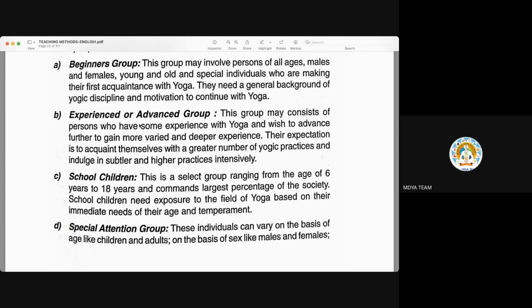All those age groups come under this practitioner group.